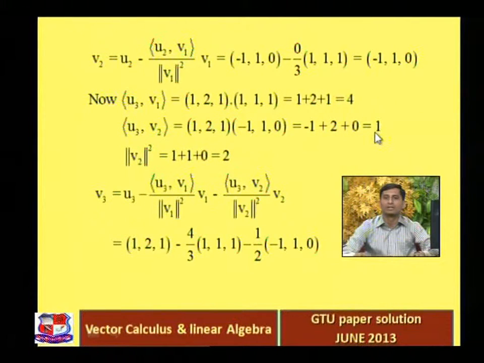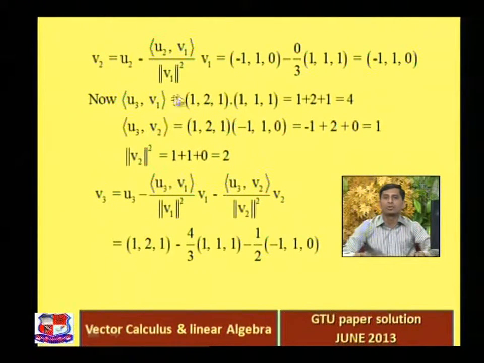So you will get 1. So inner product u3 v2 is equal to 1. Norm v1 squared we already know is 3, and norm v2 squared, with v2 equal to (minus 1, 1, 0), is 1 plus 1 plus 0, that is equal to 2.